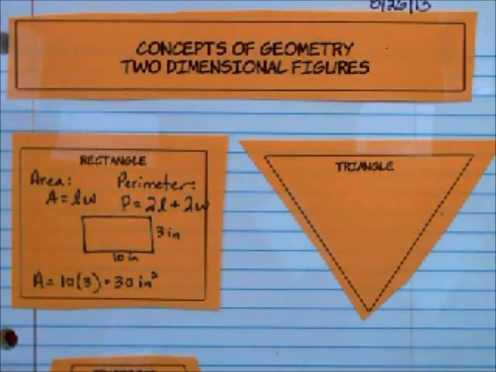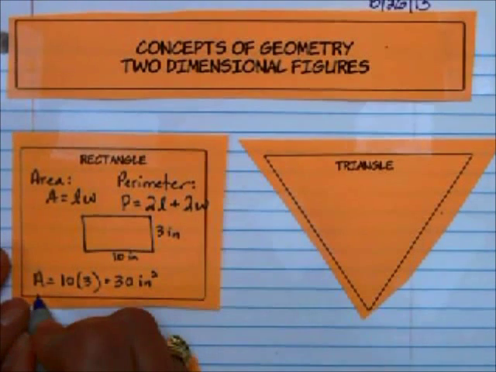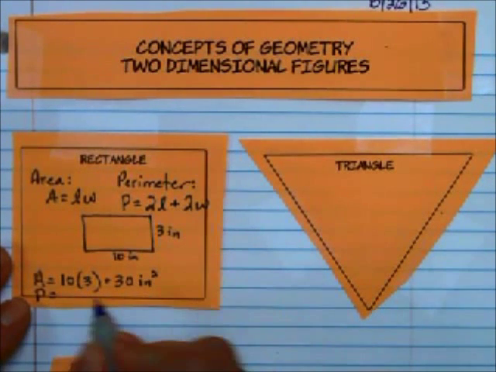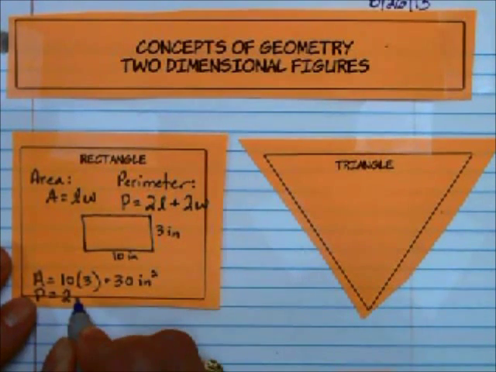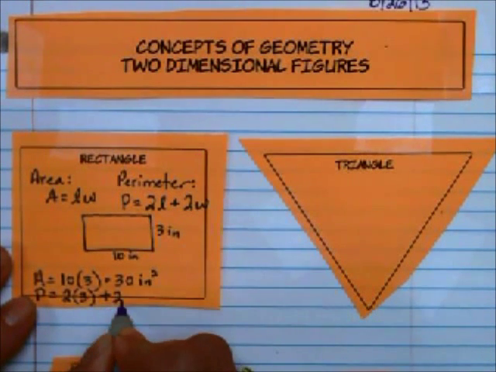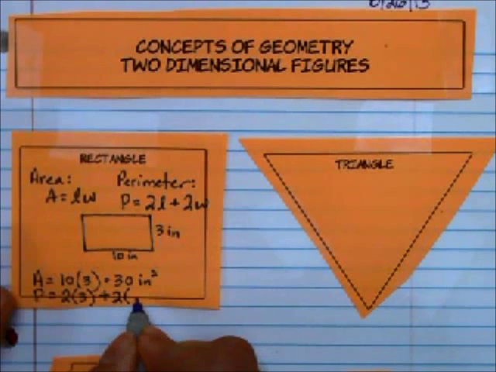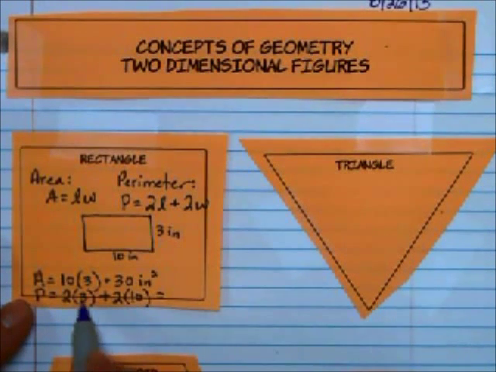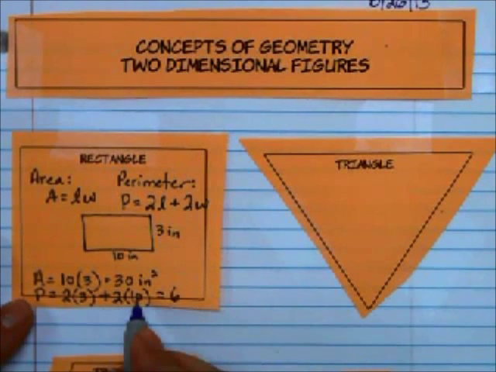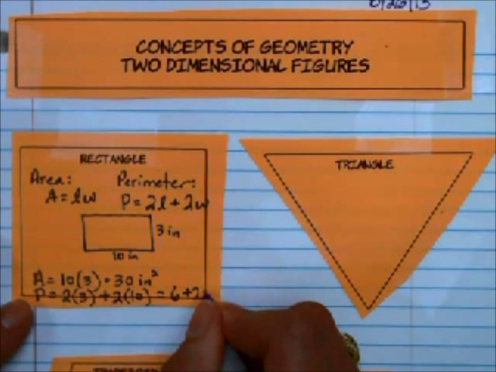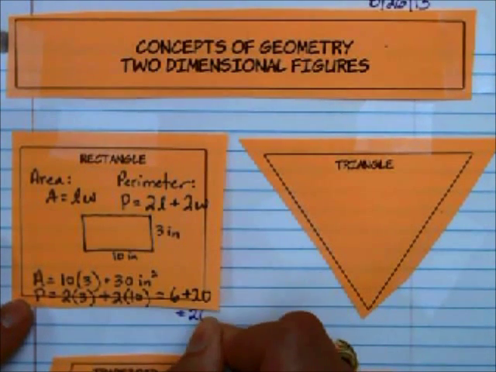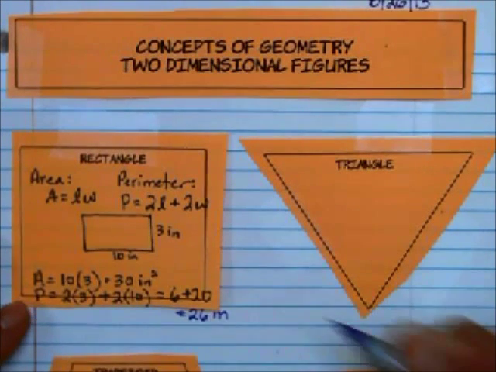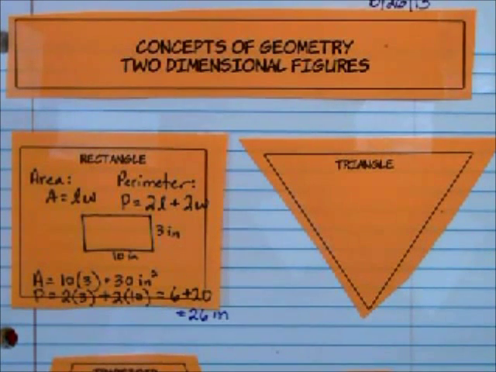If I want to do perimeter, then we're going to take 2 of our lengths plus 2 of our widths. So 2 times 3 is 6. 2 times 10 is 20. So our final answer there is 26, and that's just in inches, not inches squared, because it's a length.